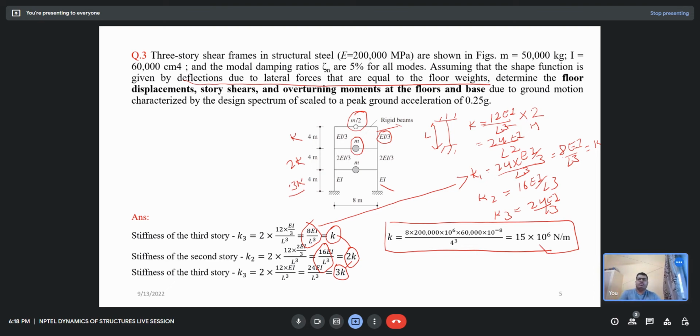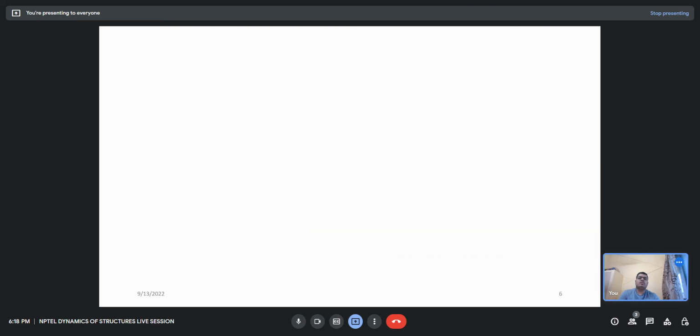Okay. So now we come to the shape function of this three-story frame. In this, they told that the shape function is due to whatever the mass or the weight is there, the shear is developed due to this mass, and due to that shear there is a deflection, and considering that, calculate the shape function.